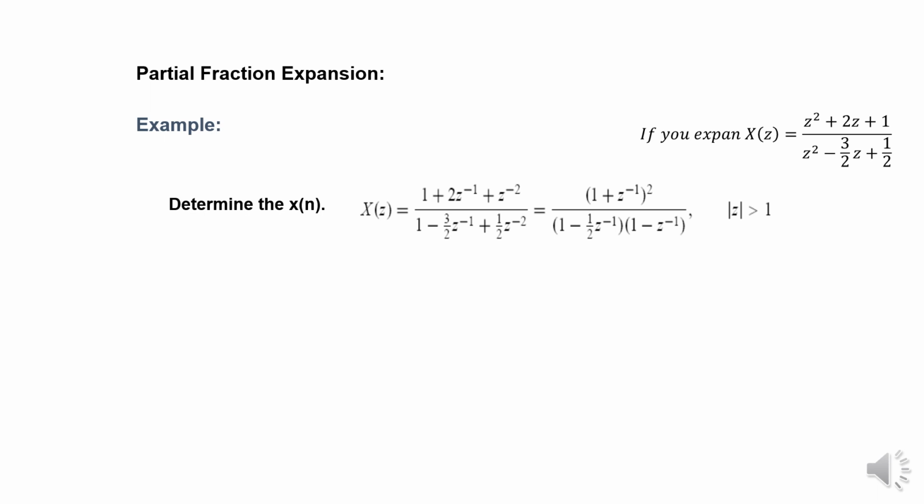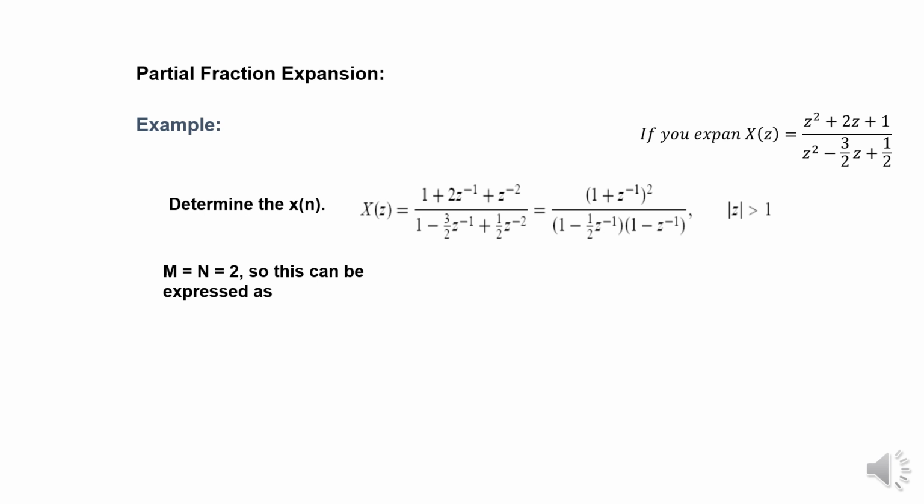Then what I have done is divide both numerator and denominator by z squared. Then you get X(z) equal to 1 plus z minus 1 squared, over 1 minus half z minus 1, into 1 minus z minus 1.